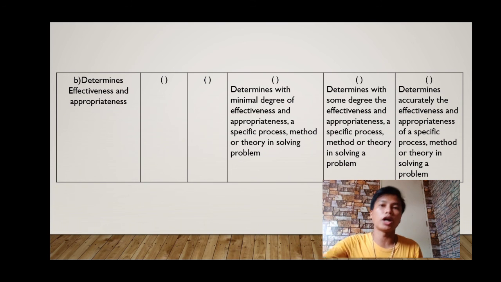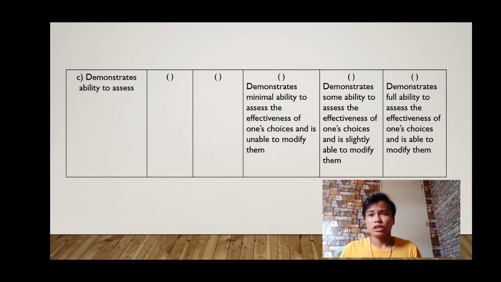So let's proceed to the next situation, which is the students demonstrate ability to assess. In the beginner category, the students demonstrate minimal ability to assess the effectiveness of one's choices and are unable to modify them.